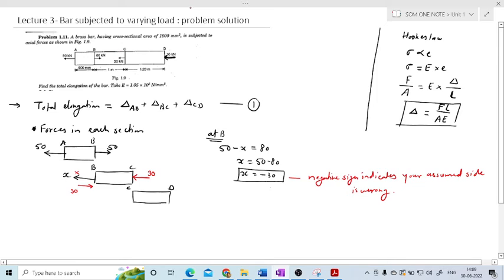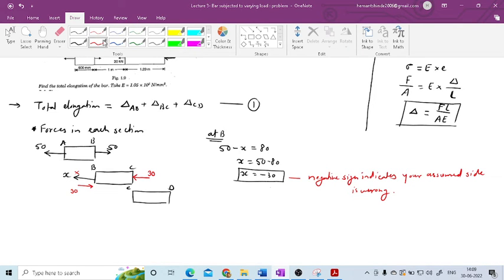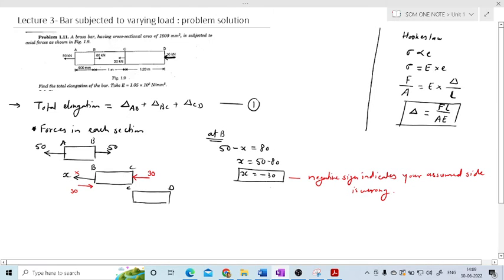Now go for section 3. Consider any direction. I'll consider towards left, and I'll consider this force as y. So at C, now we are solving for C. Initially we have only one C, and we have split that C into two sections, this first one and the second one.